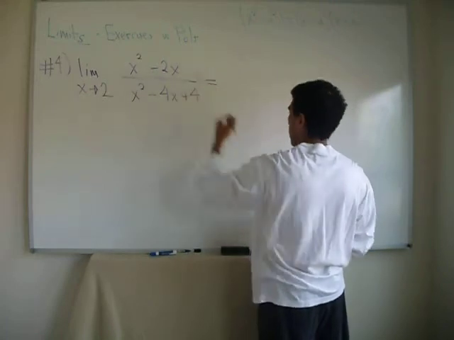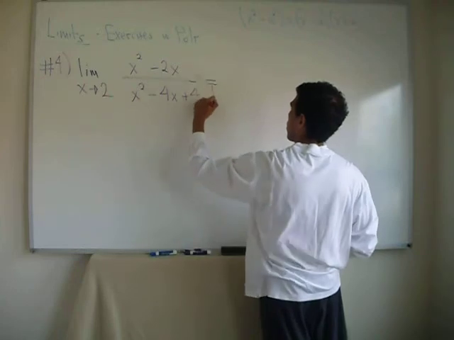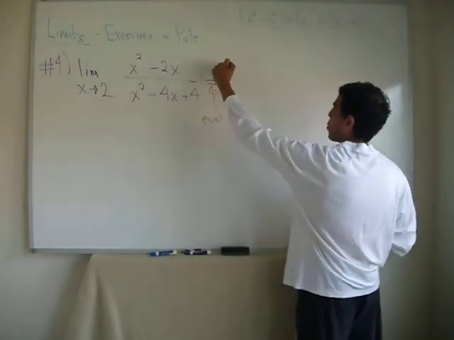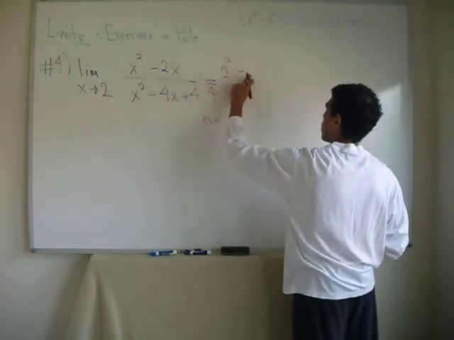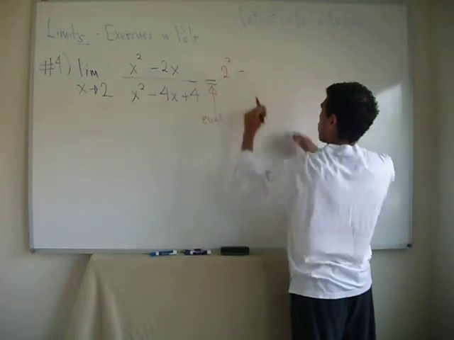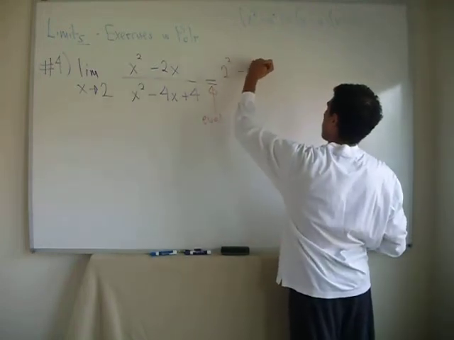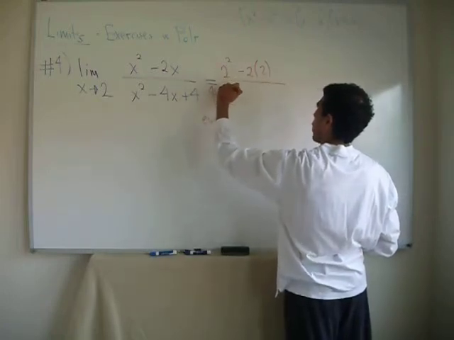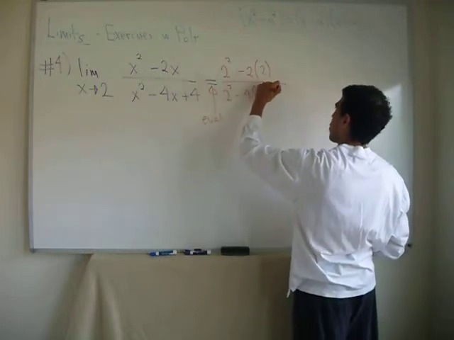So, evaluating, the first thing we have to do, we're going to have 2 squared minus 2 times 2 over 2 squared minus 4 times 2 plus 4.